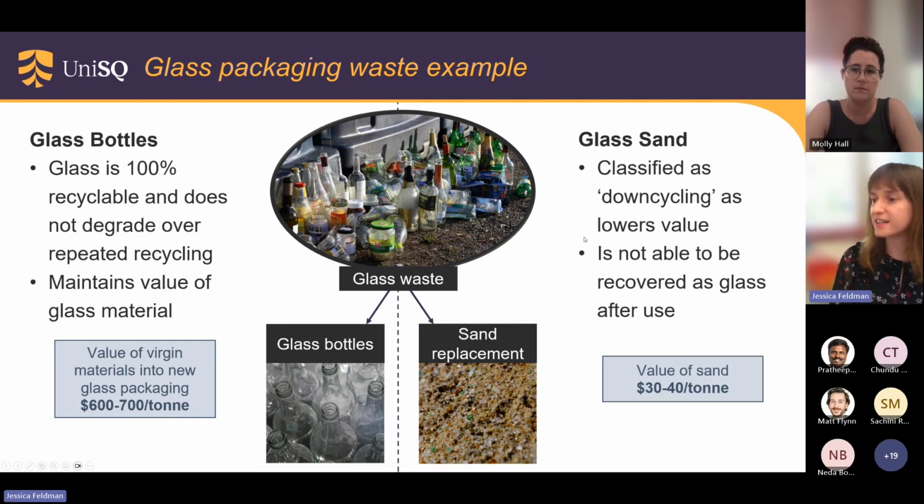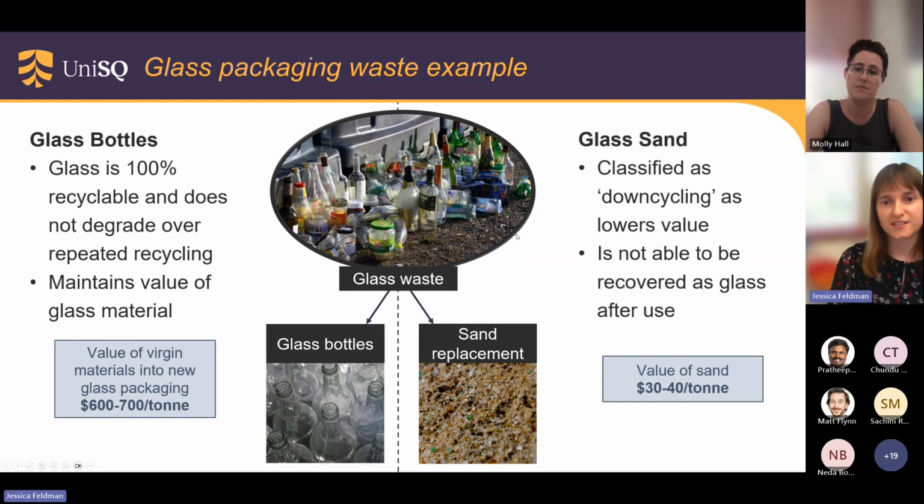Whereas glass sand is classified more as downcycling, and that's where we take the glass waste and crush it up into a really fine material, similar to sand. It looks like sand because sand has similar chemistry. It's used commonly in things like roads, concrete, and other similar applications as well.